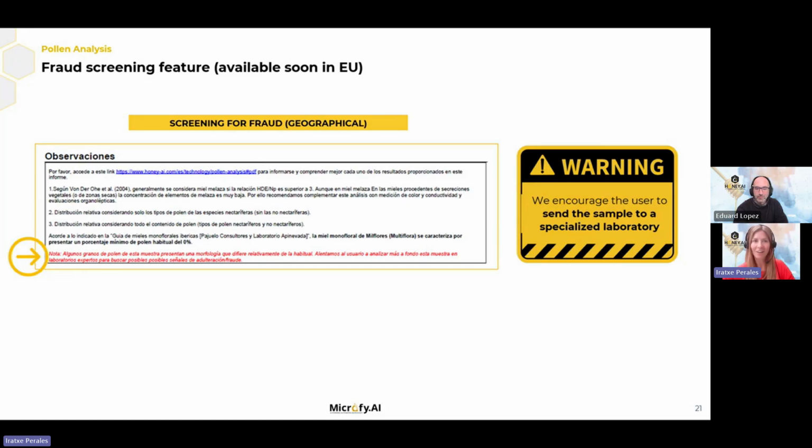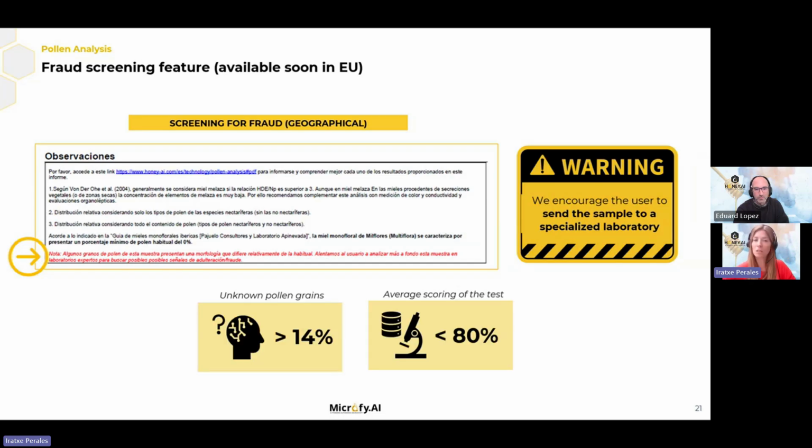We cannot do magic. But we have a fraud screening. In geographical origin, as I said, if you're going to analyze a sample that you know comes from Spain, or should come from Spain, and you use the model from the Iberian Peninsula, at the end of the analysis, if the AI thinks that this honey is suspicious because it has a high percentage of pollen that we cannot recognize, or the AI doesn't feel secure about this type of species, then you will receive a message that tells you: please send this sample to the lab.